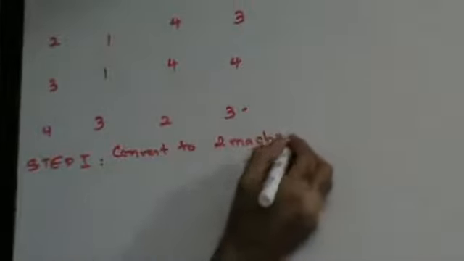First step, convert this into 2 machines. How do I convert this into 2 machines? You have jobs 1, 2, 3, 4.